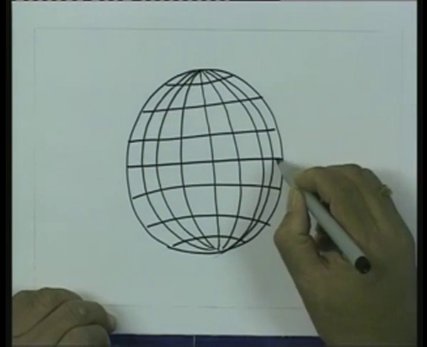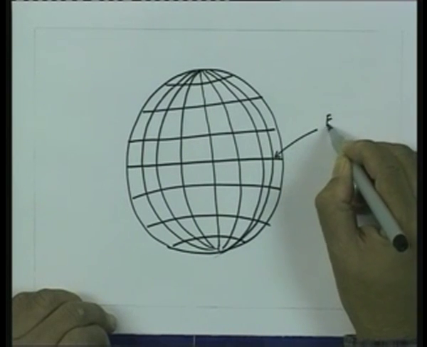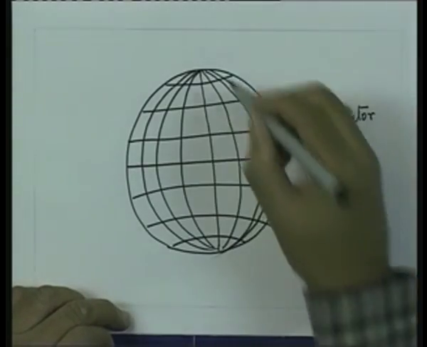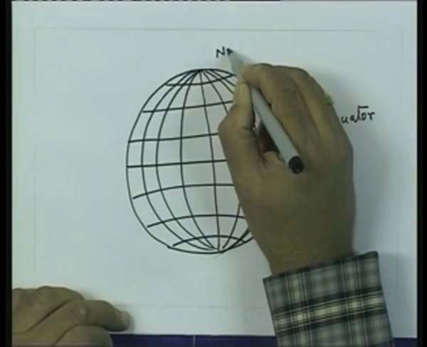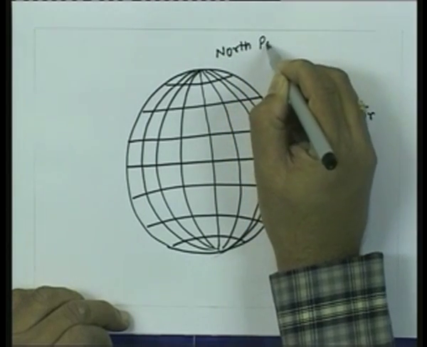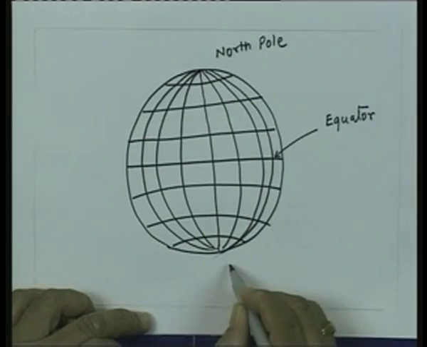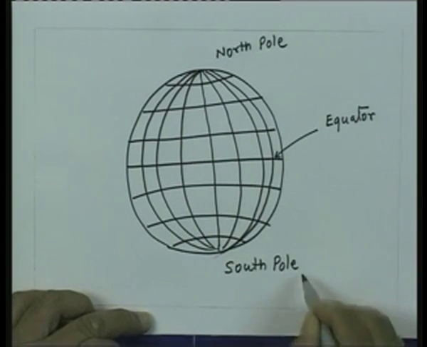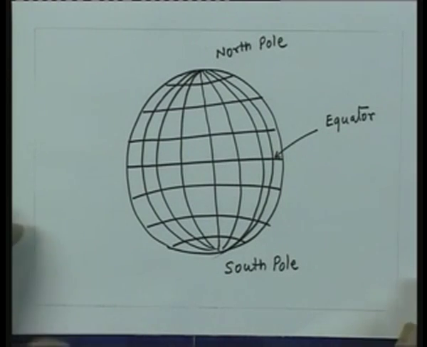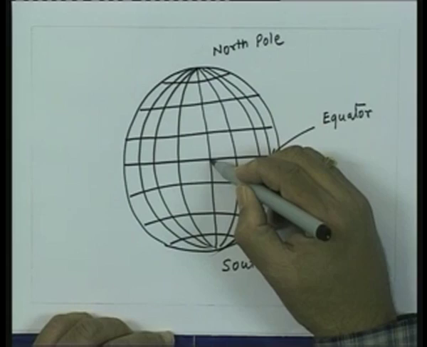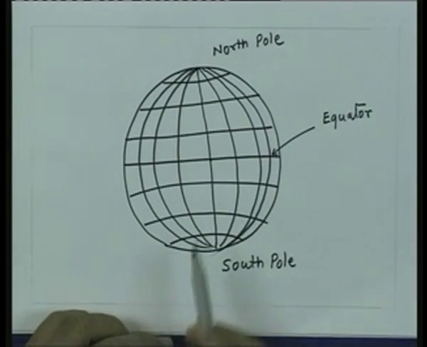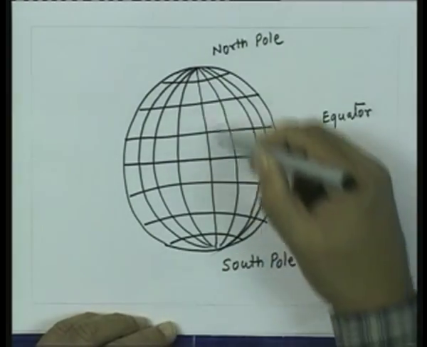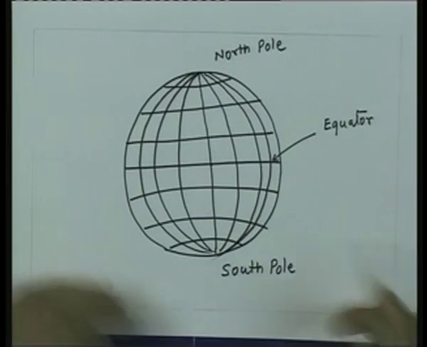This is the equator of the sphere, and these are the poles of the sphere. So, we call this like our globe. This is my north pole, this is the south pole. And let us say I have this point here which is the reference point on the equator, from which I measure all my longitudes, and the angle which is in the vertical direction, that is measured in terms of latitude.